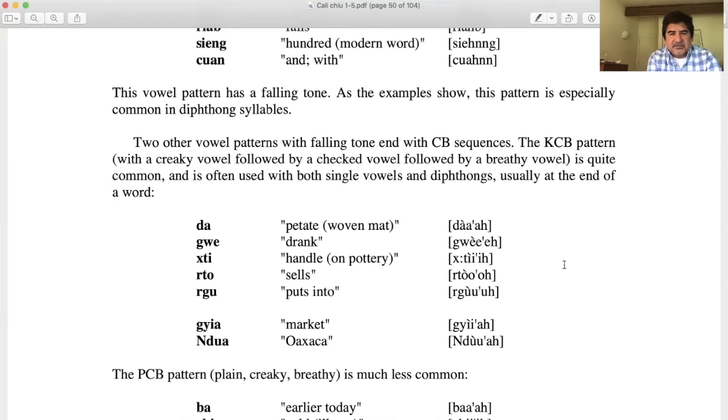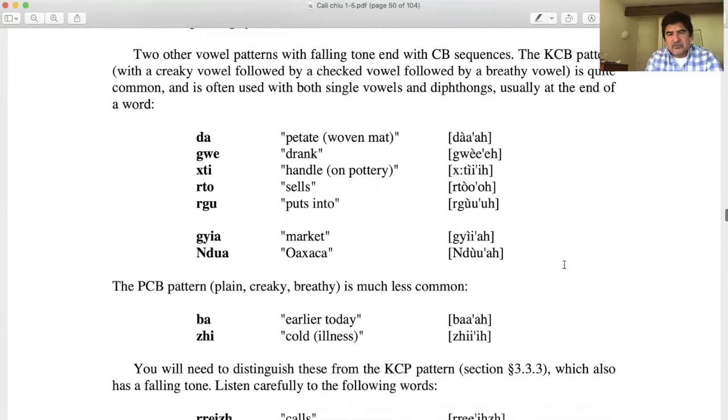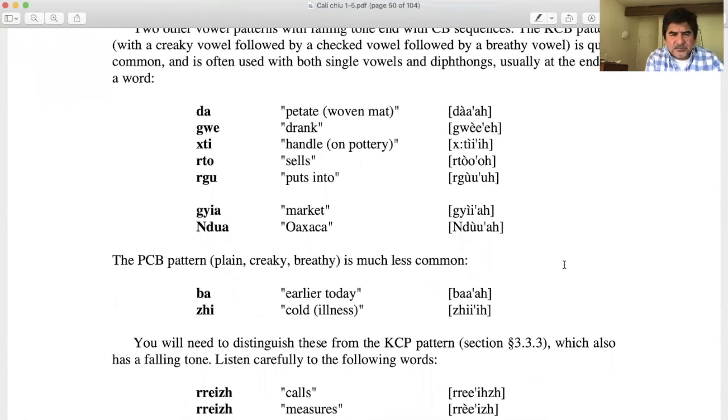Shti. Sells. Shto. Puts into something. Rgu. Market, also known as tianguis. So I hope that you can hear the creaky, the check, and the breathy at the end.